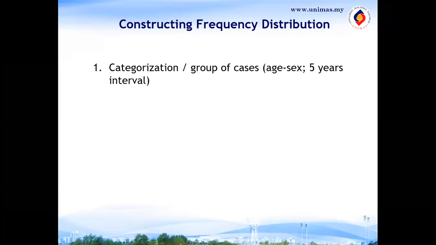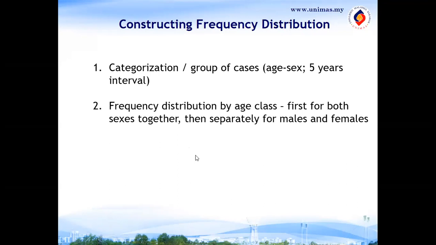So 5-year age group, and according to age group, and also on the other side is gender, right? So then we construct, we determine the frequency distribution by age class. First of all, for both sexes, kedua-duanya. Then we separate for males and female.